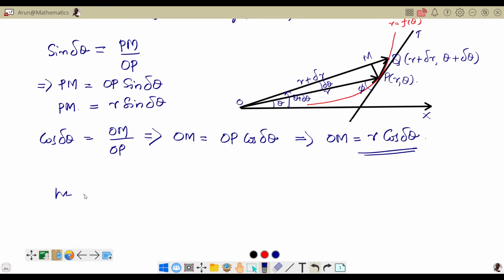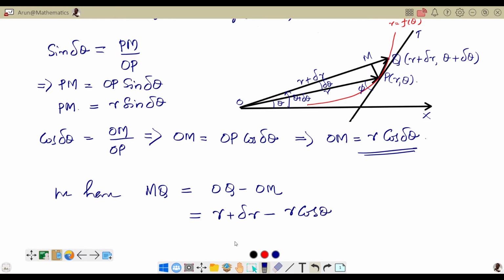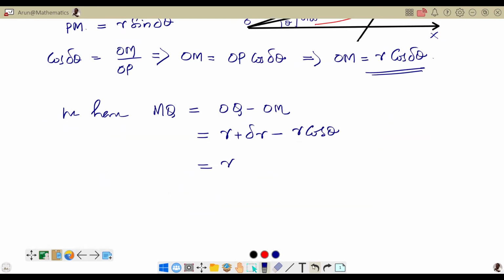We have MQ is OQ minus OM. OQ is r plus delta r, so this is r plus delta r minus r cos delta theta. This is delta r plus r into 1 minus cos delta theta.